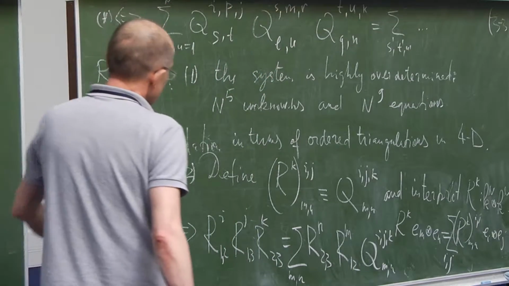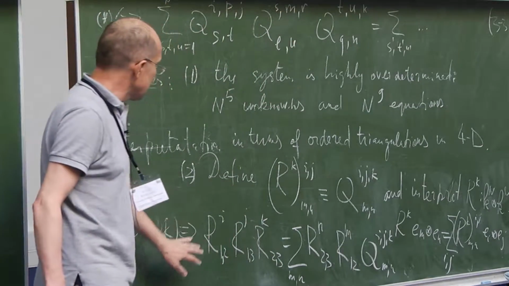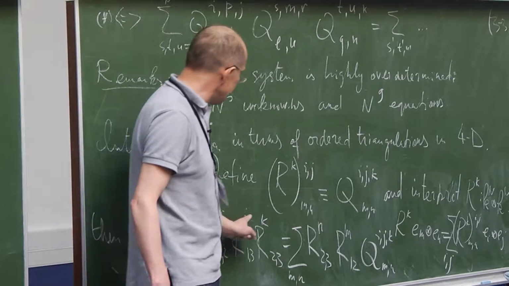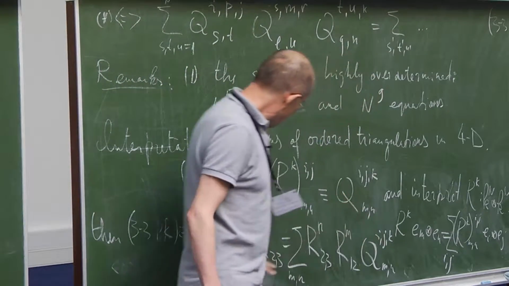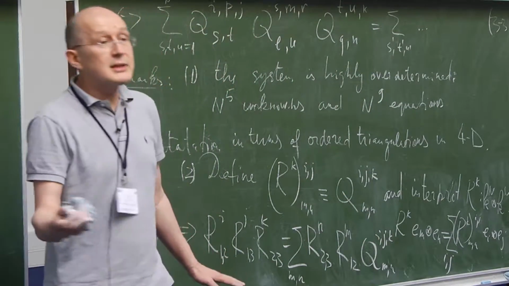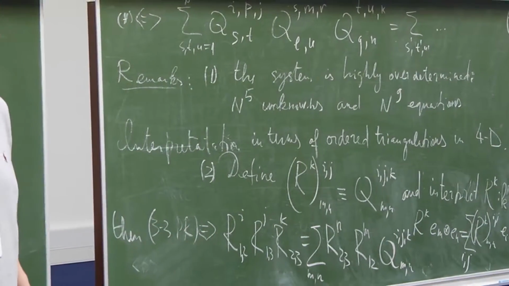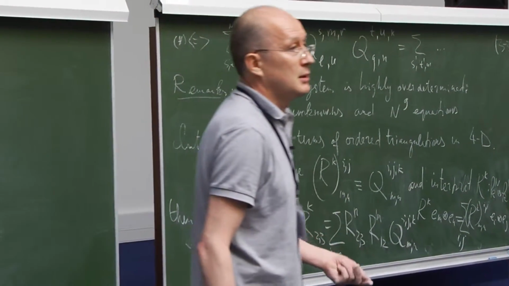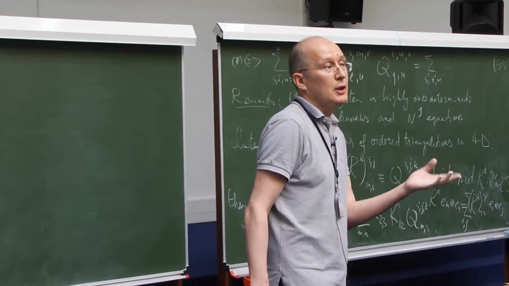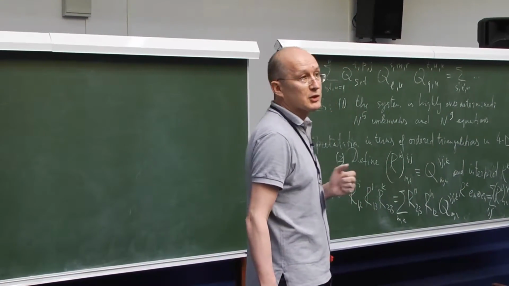But the usefulness of this writing is the fact that if you ignore those indices and Q, at least some of you will recognize the pentagon identity which realizes the 3-2 Pachner move in 3 dimensions.